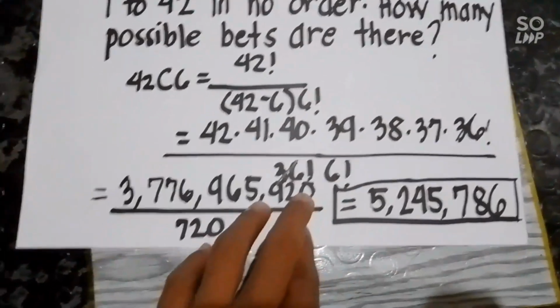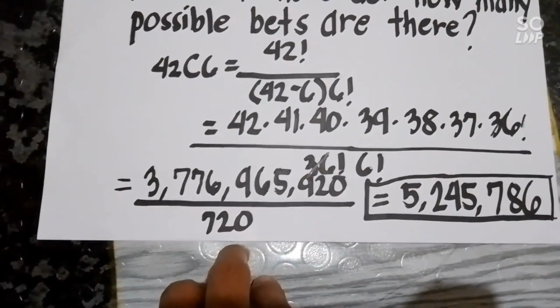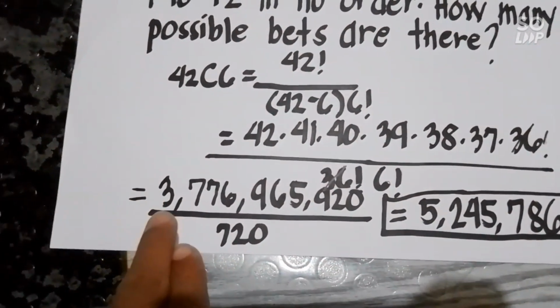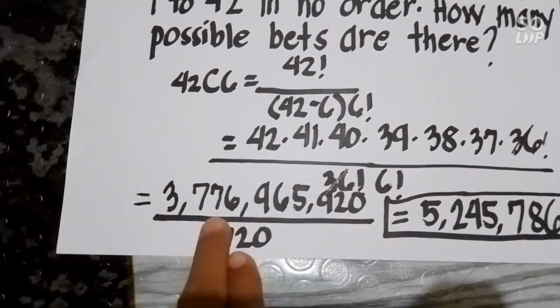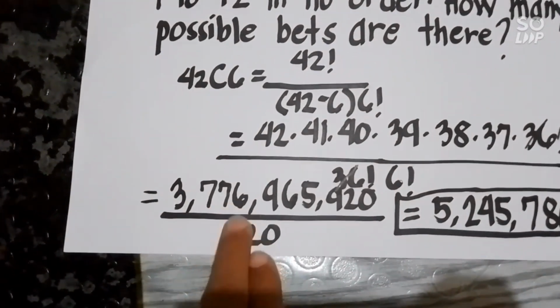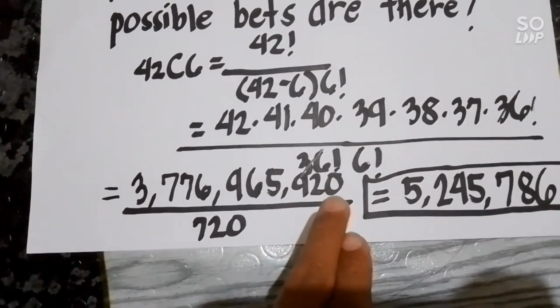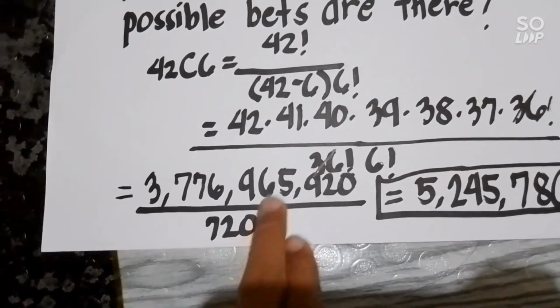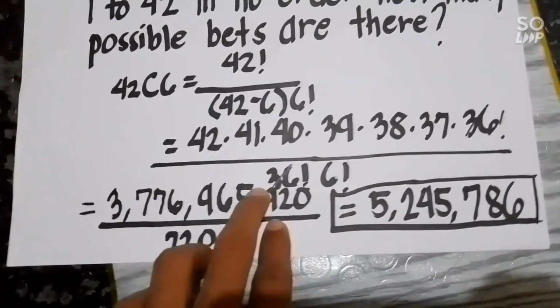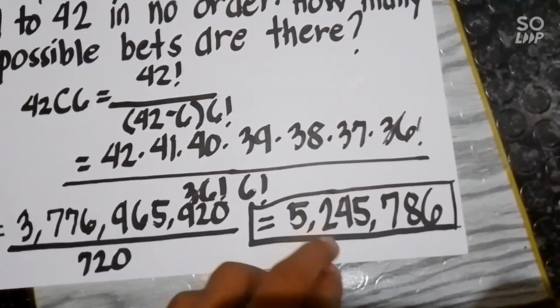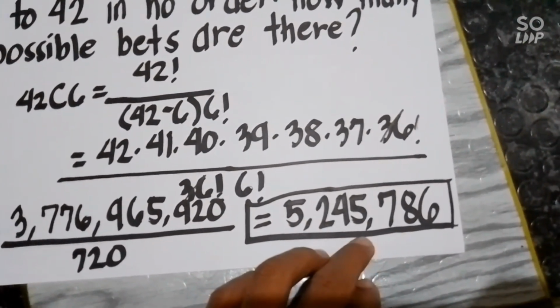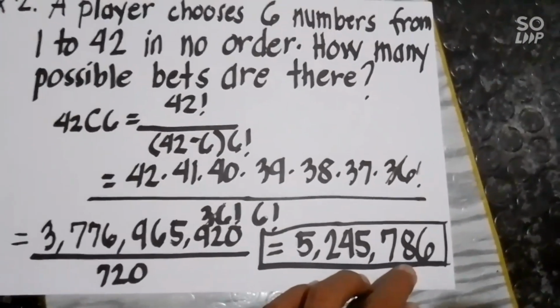So we divide 3,776,965,920 by 720. So the result is 5,245,786 bets.